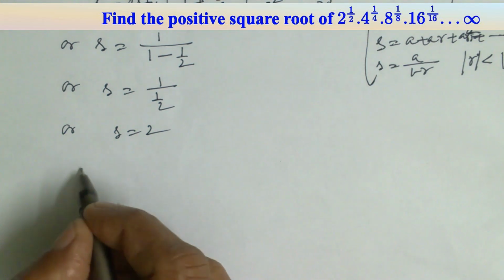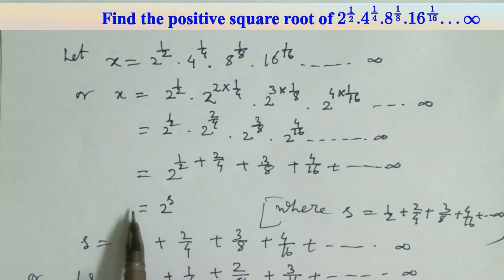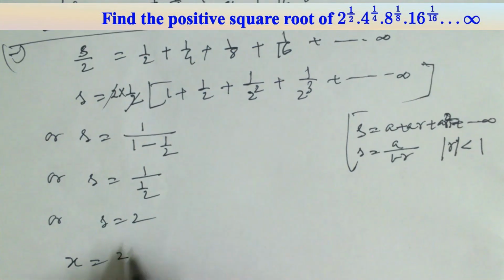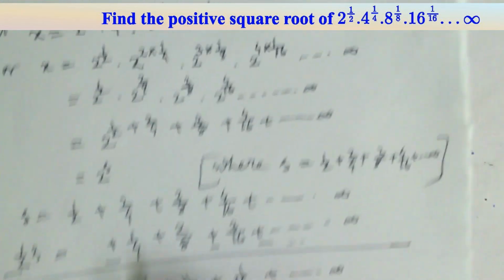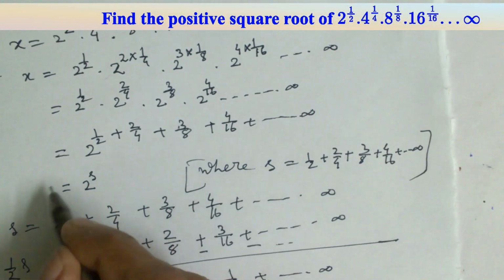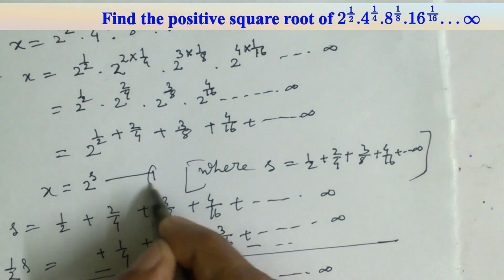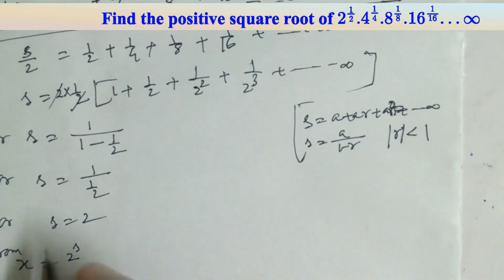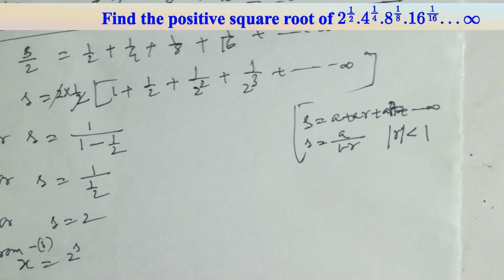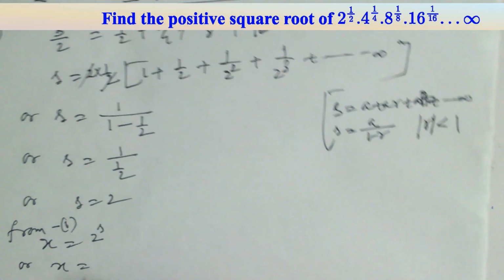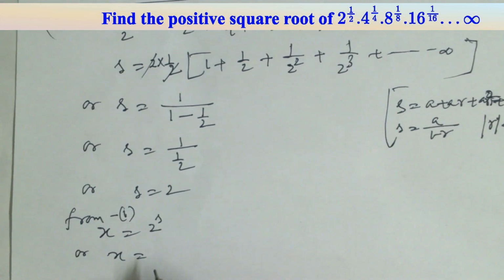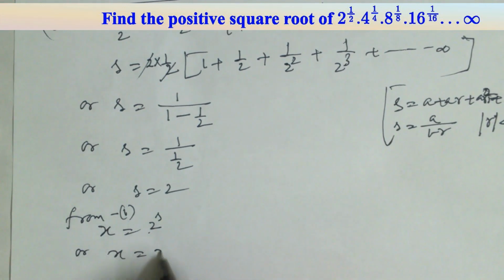So x is equal to 2 to the power s, from equation 1, so x is equal to 2 square, as s means 2.